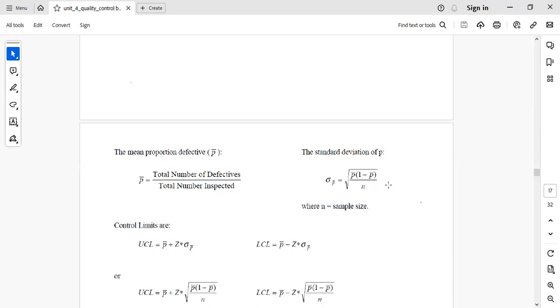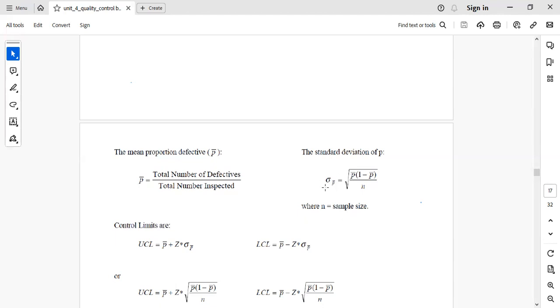I don't think we went to that extent, but we do have tests for proportions. And this is actually the formula that is used for the standard deviation when you're considering proportions. So you can see the P bar is right here.